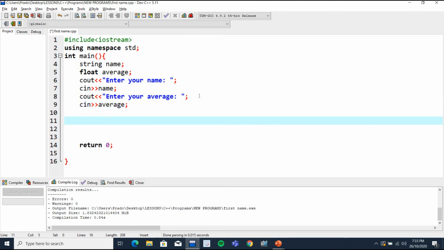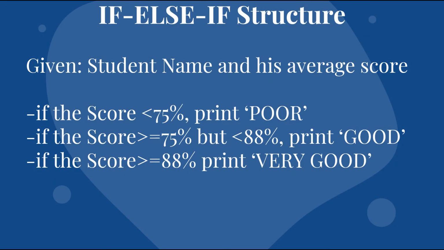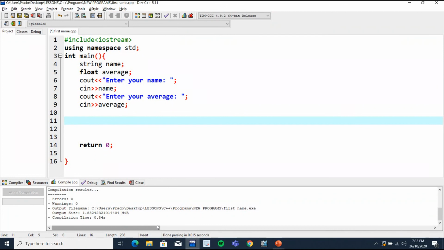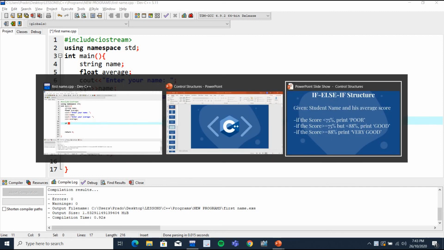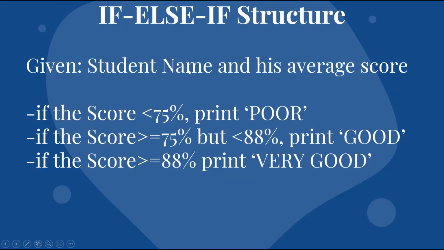Next na po natin yung mismong condition, which is if the average score is less than 75, poor, and then good and very good. So, paano natin yan i-code? So, our first one is we will type the if, and then the first condition, which is if the average score is less than 75, print poor.